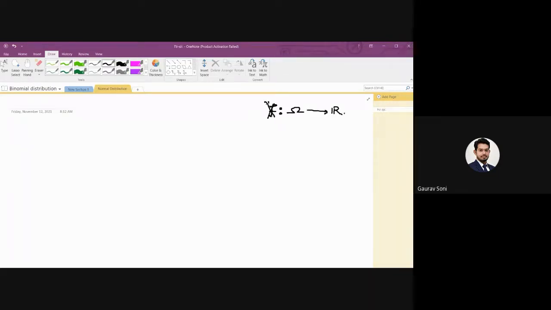In statistical terms, this is the random variable x. When we define a random variable x from the sample space to the real numbers, if the range set is an interval or union of intervals, then we say that x is a continuous random variable.